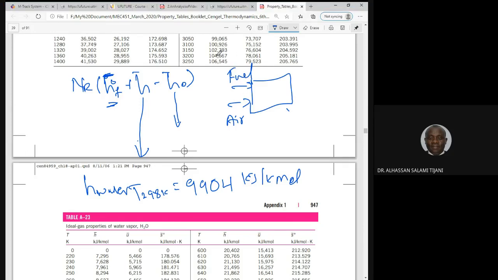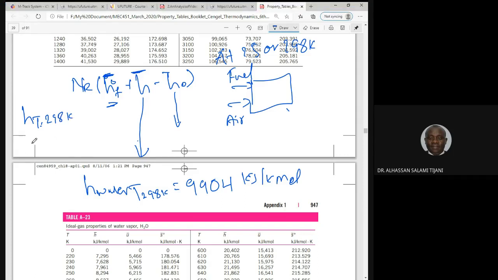At 25 degrees Celsius or 298 Kelvin, that is the inlet condition of the fuel or the water. Whenever we say H bar, we are referring to the enthalpy at the given temperature, which is 298 Kelvin.